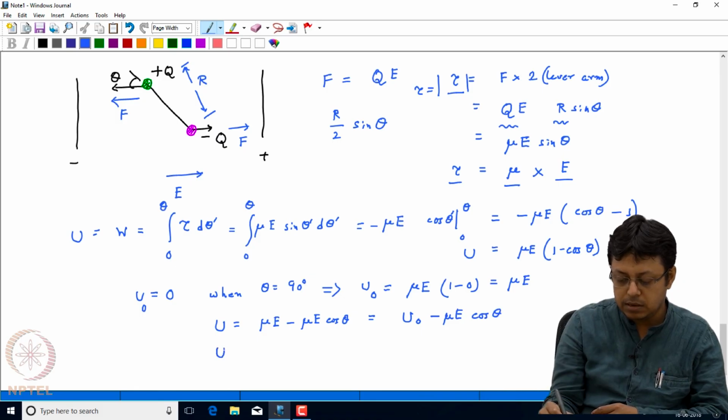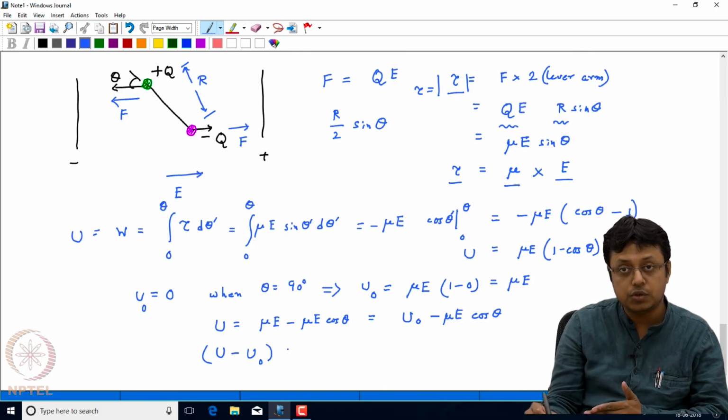So, if we always plot the potential energy with respect to a 0 of potential, which we chose to be the potential u 0 to be 0, that value will be minus mu e cos theta.